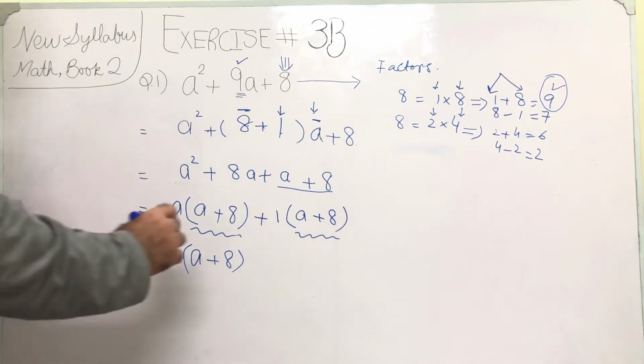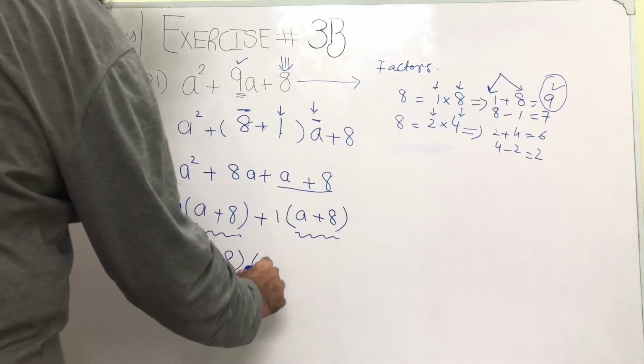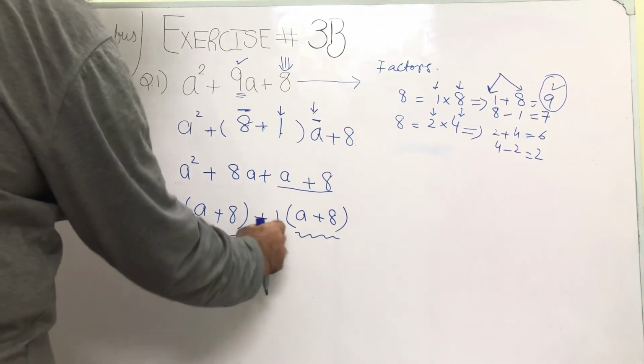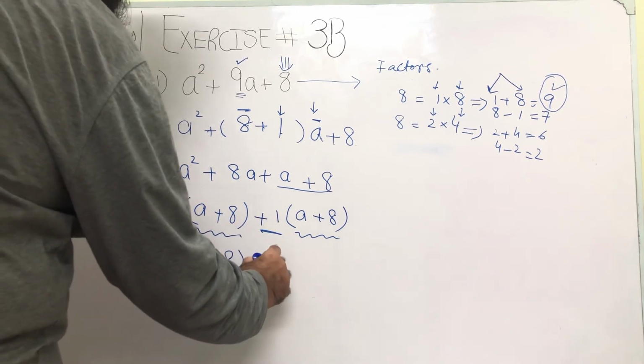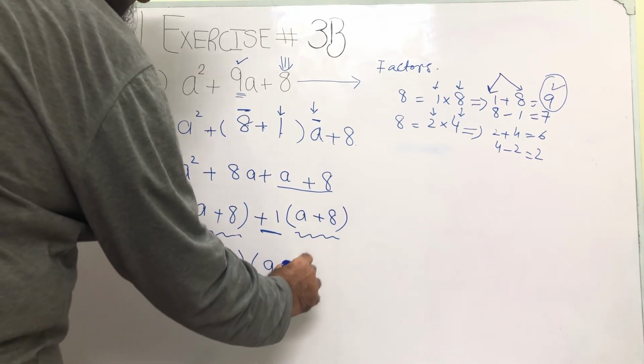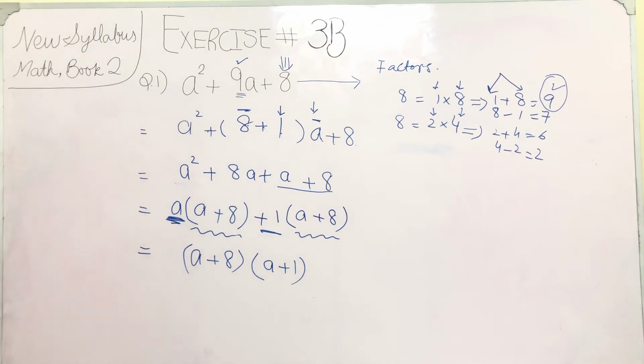Okay, and then we will put another bracket, and this a and plus 1 will come in this bracket. So this is the way to solve or to factorize the quadratic expression.